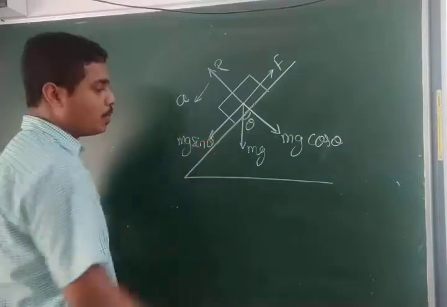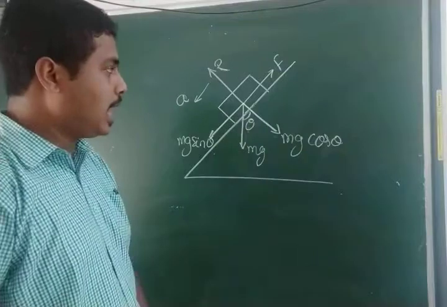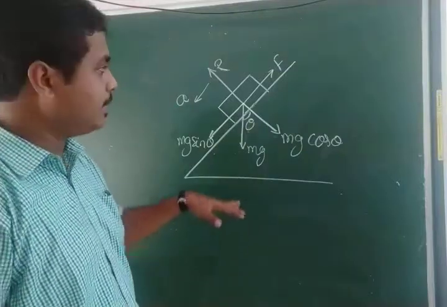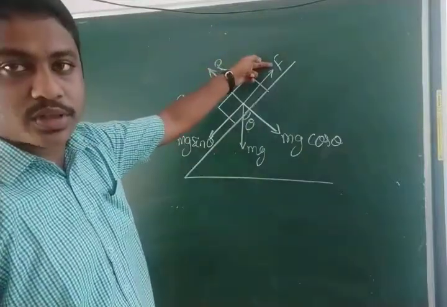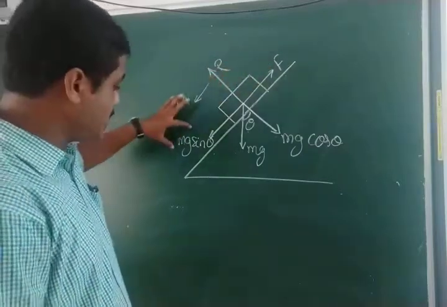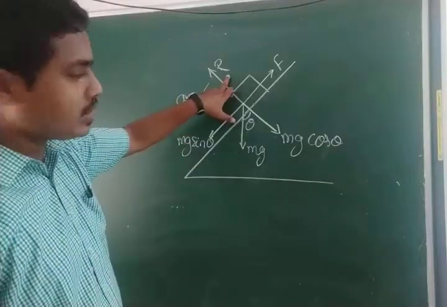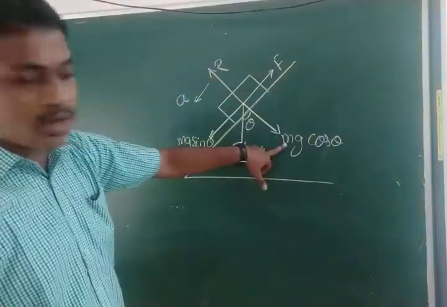These are the two components. Now from the diagram, this force is a frictional force, and this frictional force is counterbalancing mg sin theta. Similarly, your reaction force is counterbalancing your mg cos theta.